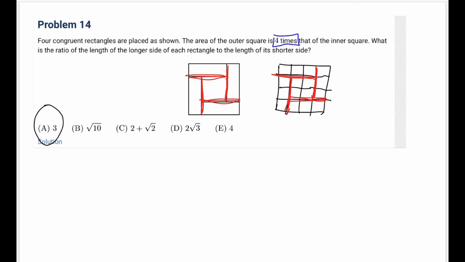And so you can immediately see that the rectangle like this has a length of 1 to 3, and so A could immediately pop out. That's another way, and you could solve it way faster if you can see that this is able to be divided into this grid-like format, right? And the answer was 3.